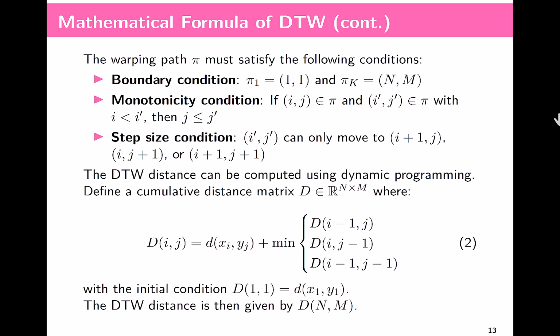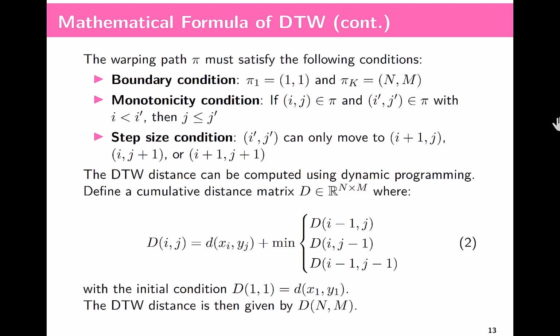The warping path pi must satisfy the following conditions. Boundary condition: pi 1 is (1, 1), and pi K is the last pair, (M, N).